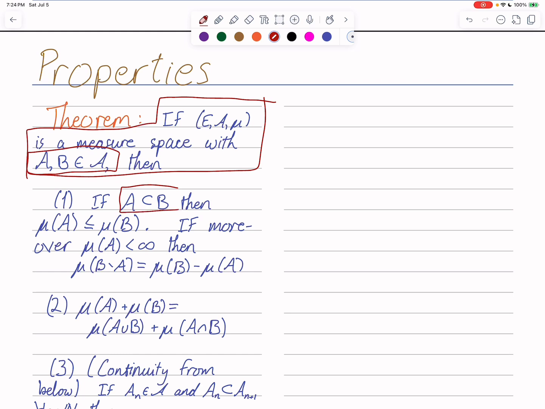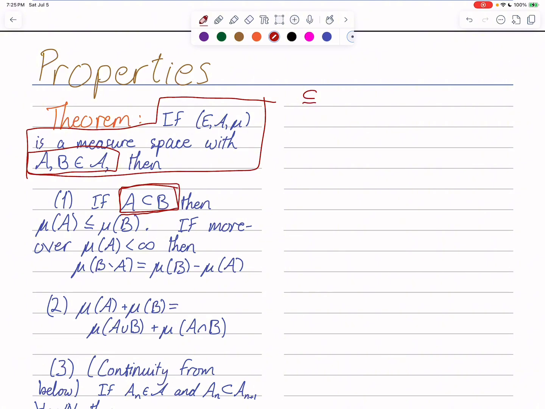If A is a subset of B, and by the way, I think I meant to say this in a previous video, but I forgot. I am so used to writing a subset with the horseshoe and the underline, and that's the relatively more common modern notation. The book uses the somewhat older notation, and I'm going to try to match the style of the book, so I'll try to write my subsets with the simple horseshoe.